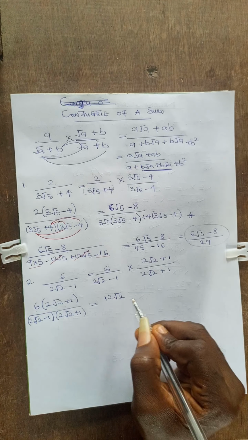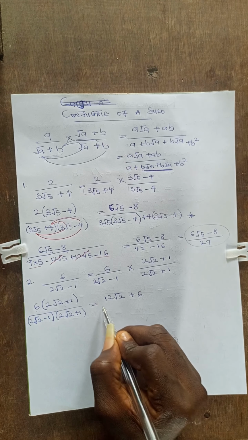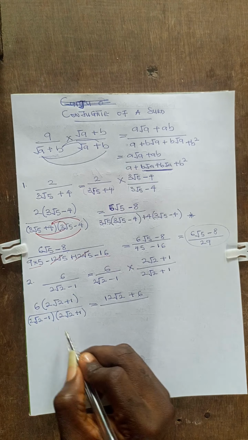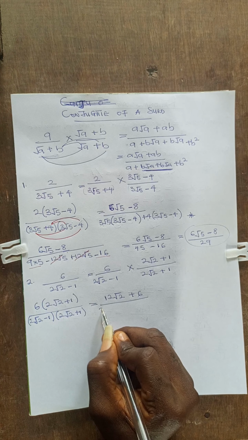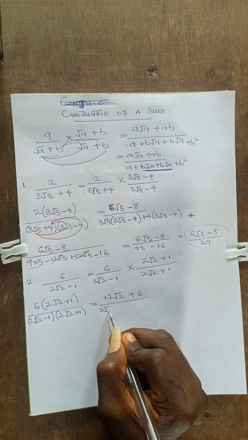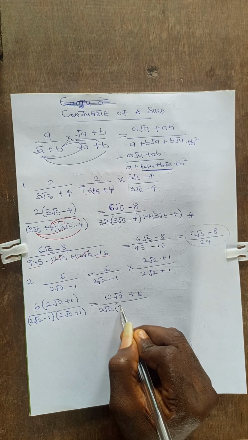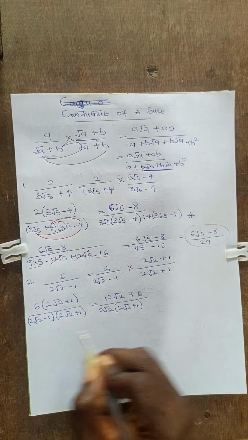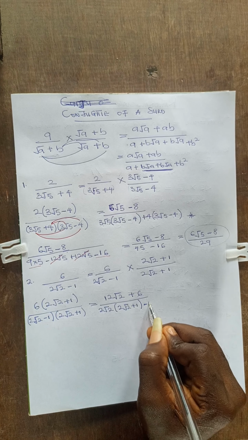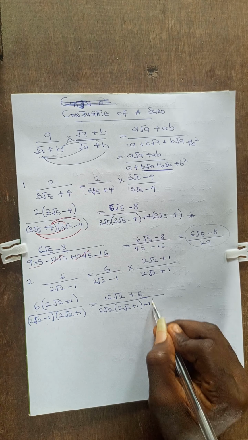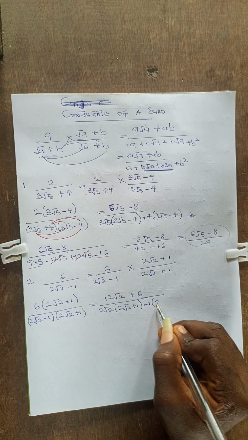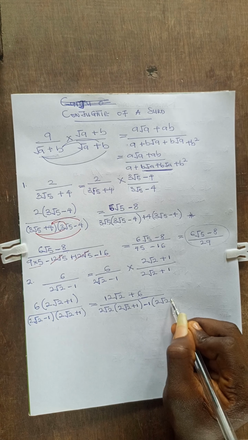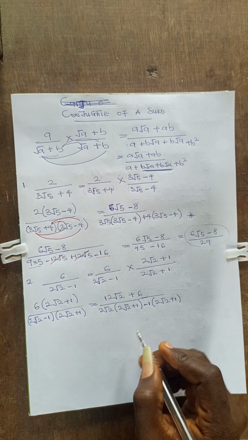Then 6 times plus 1 will give us plus 6 all over. For this bottom, we can further expand to become 2 root 2 open bracket 2 root 2 plus 1. What remains here is minus 1. We further expand, write this other side 2 root 2 plus 1.